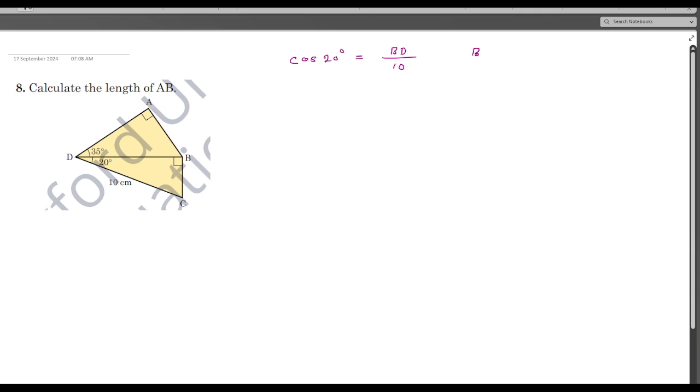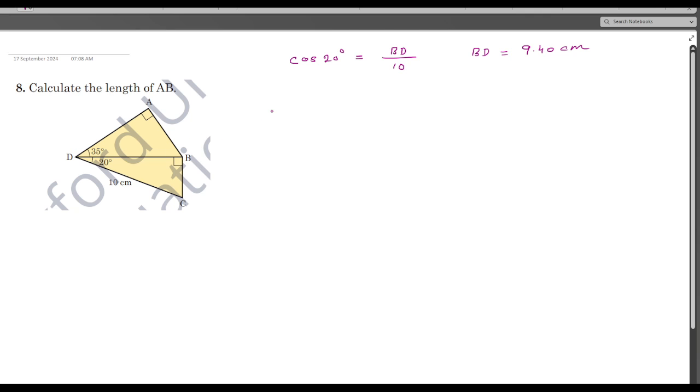So this gives you the length of BD as 10 times cos 20. Result is 9.396, so 9.40. For writing, I am writing 9.40, but while using the calculator, I will use its correct value, which is in the calculator. So your BD is 9.4 centimeters.